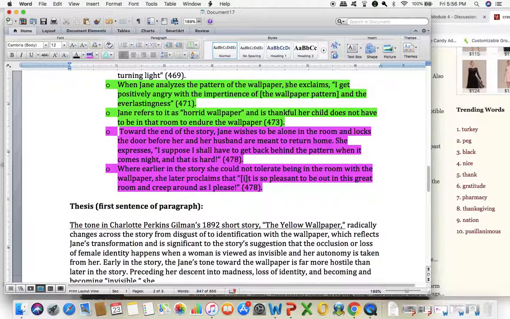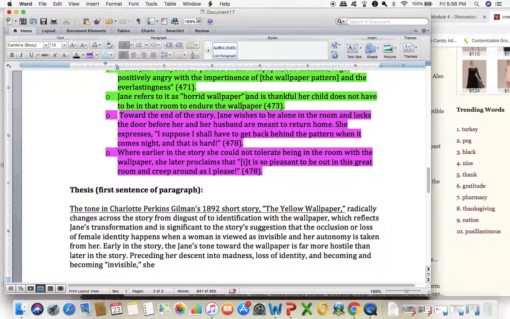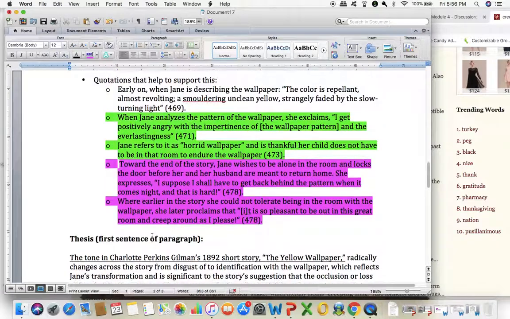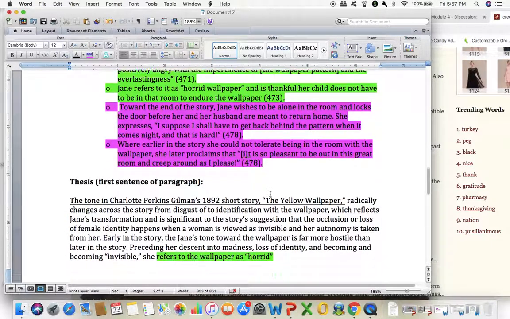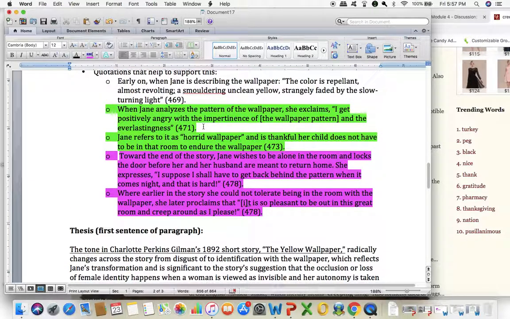And I'm just going to copy and paste this. You can also see how I'm doing MLA as well. And now I've already said wallpaper, so I'm going to get rid of that, but I'm going to keep horrid in there. I'm going to just copy and paste this as well.